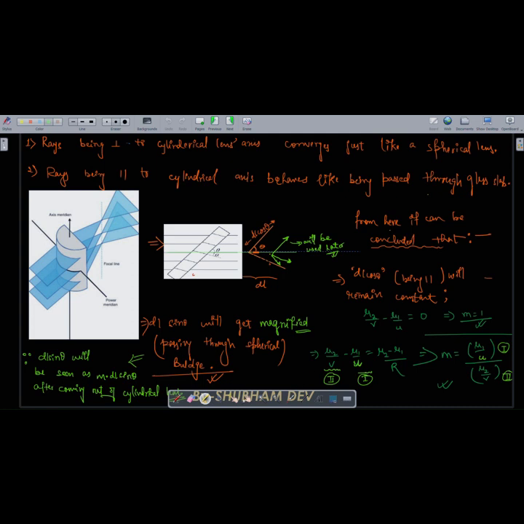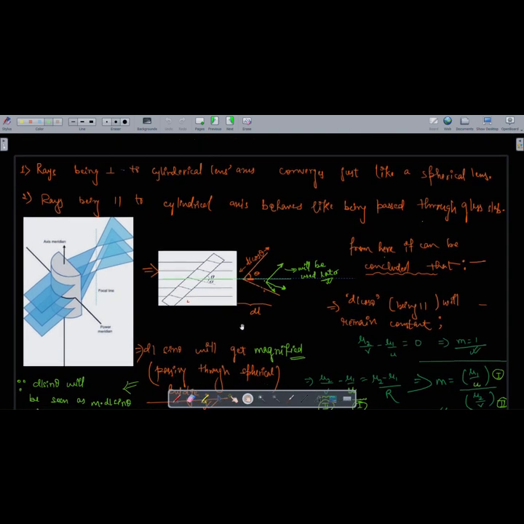I have also mentioned this here: rays perpendicular to the cylindrical lens converge just like a spherical lens. Rays parallel to the cylindrical lens axis behave like being passed through a glass slab.